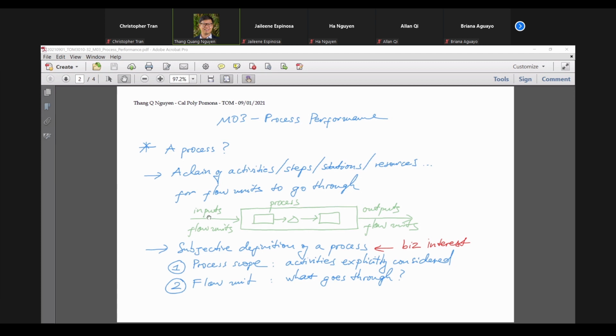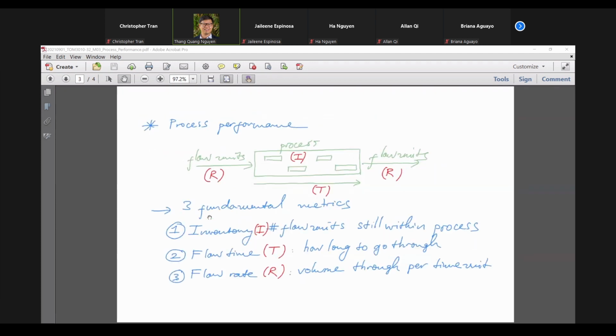After that, we talked about the three fundamental metrics that any process would have: the inventory, the flow time, and the flow rate. The inventory is how many units you still see within the process at any given time.